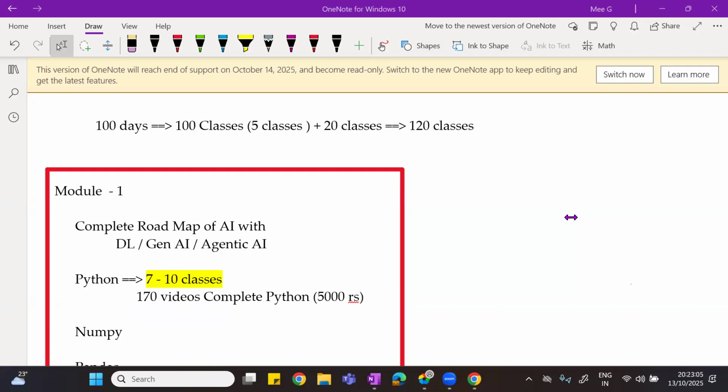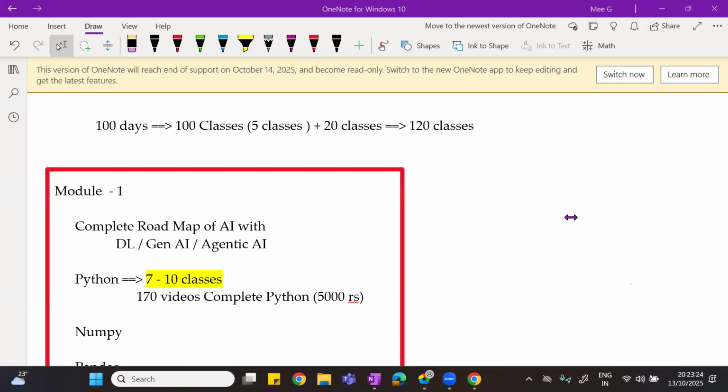LangChain is a Python library. Then you should have external connectivity to TypeScript, because it's a Python library. Can you provide the notes on ML algorithms?